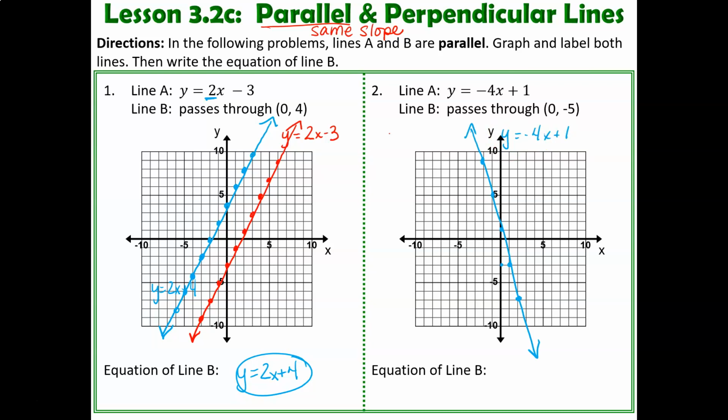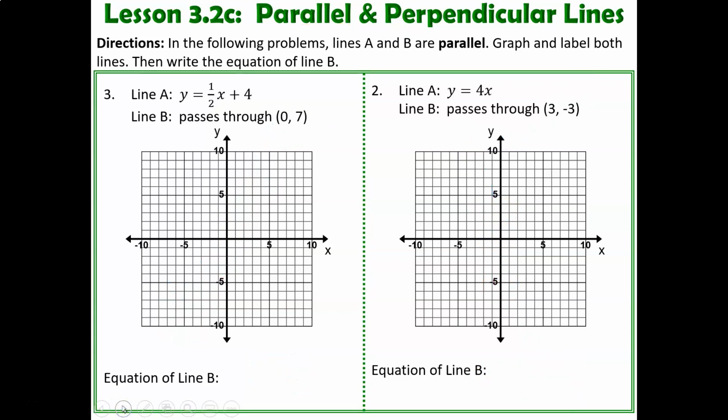So the next line is going to have the same slope, which we said was negative 4, and it's going to go through 0, negative 5. So again, if the lines are parallel, they have the same slope, and they'll never touch. So y equals negative 4x, the same slope, but this time the y-intercept is going to be negative 5.